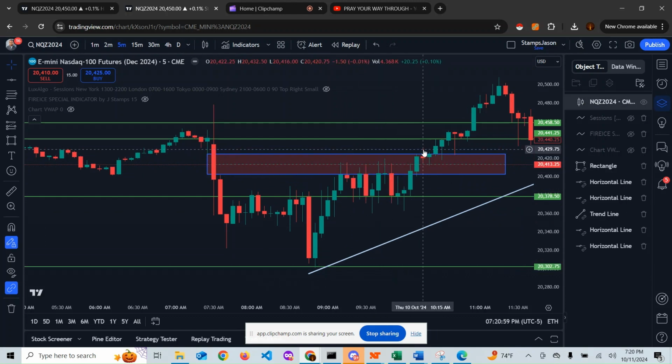Or if it breaks this area up here, they would trade it to go higher, usually to some level of liquidity, as they refer to it, which is a wick or a pivot point or a high, whatever you want to call it. And that's their strategy. If they're placing a buy or bullish trade, their stop loss would be below this fair value gap.